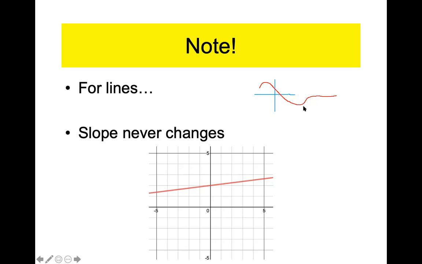For those of you going on to pre-calculus and calculus, you will deal with things like this, where the slope always changes. But for algebra 1 and for geometry, we deal with things where the slope stays the same. Algebra 2, you're going to start your investigation into some things that do change. When you do quadratic and cubic functions, those slopes constantly change.